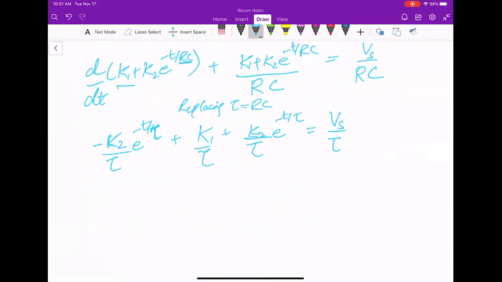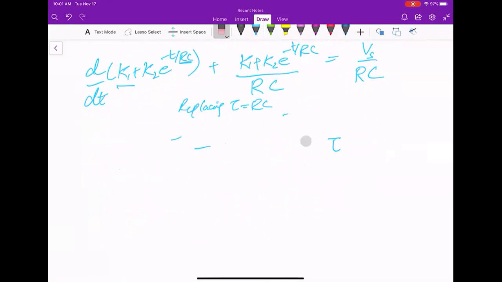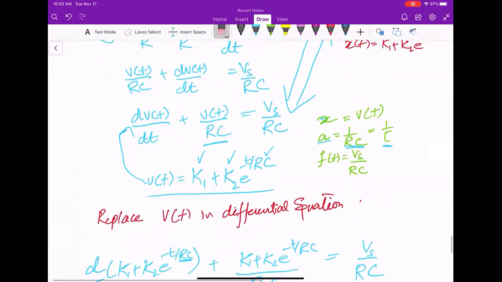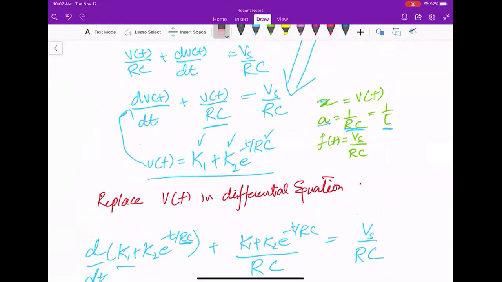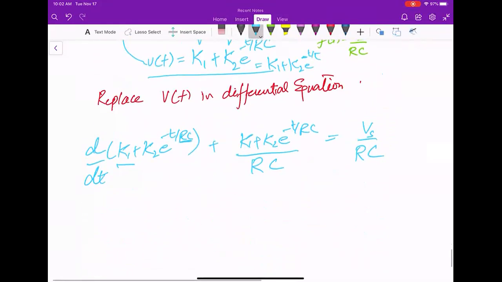What they actually did is, one minute. Before getting too confused, I will replace it by tau here. It didn't make any difference, but it keeps these two things different.